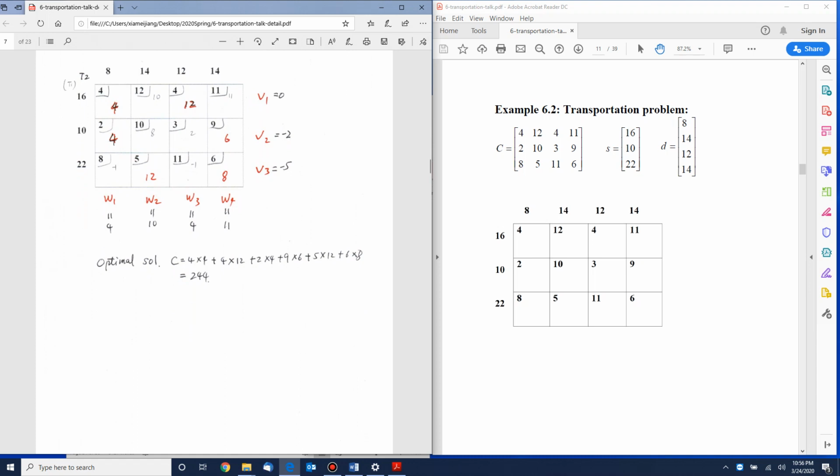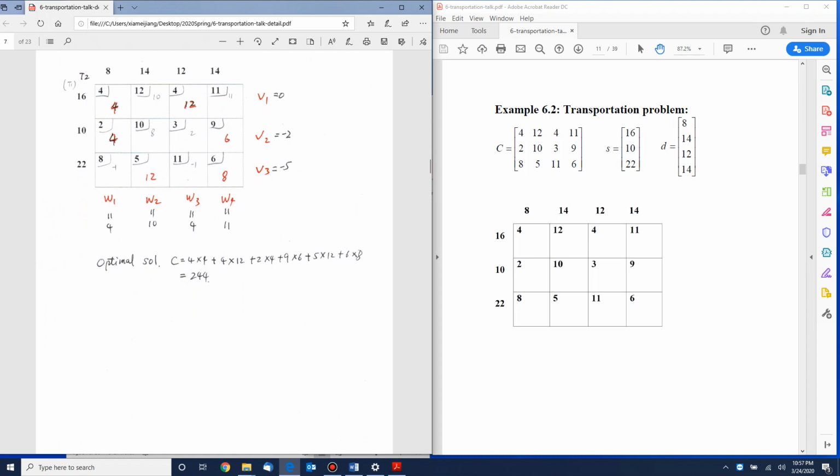And then from cell 21, we get v2 equals minus 2, and from cell 24, v2 plus w4 equals 9, and v2 equals minus 2, so w4 equals 11. When w4 equals 11, we can get v3 equals minus 5. When v3 equals minus 5, we can get w2 equals 10.